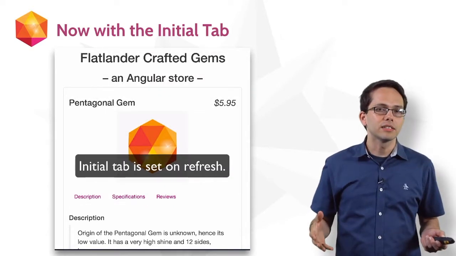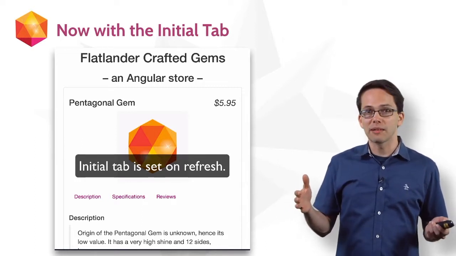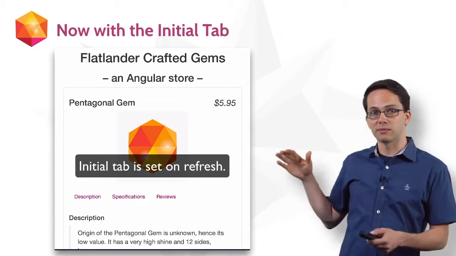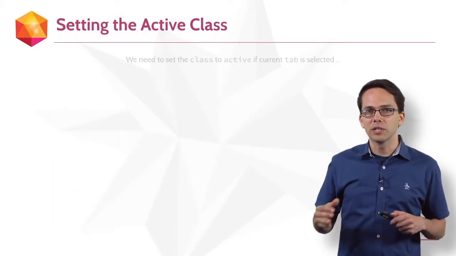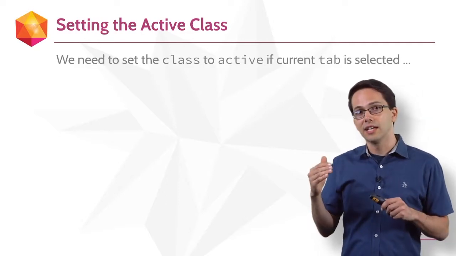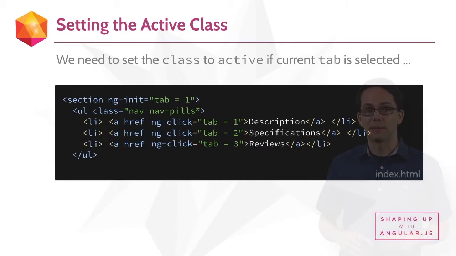But wouldn't it be nice to show which tab is active? And in fact, Bootstrap has classes so that the right tab gets highlighted. How might we detect which tab is active and then add a class to the appropriate tab?